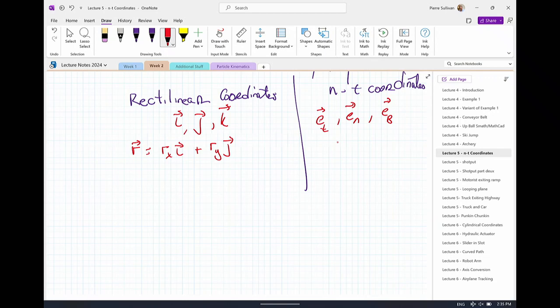For position, r is equal to r_x i plus r_y j. s, I've written in a different color because it's just a scalar. It's a magnitude. It's an increasing value. It has no direction in nt.